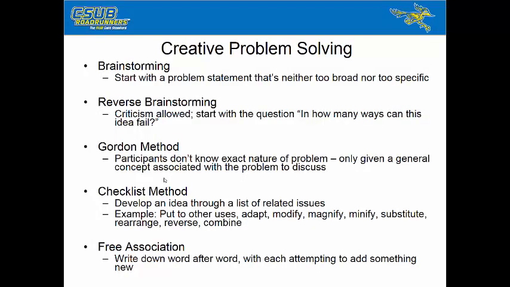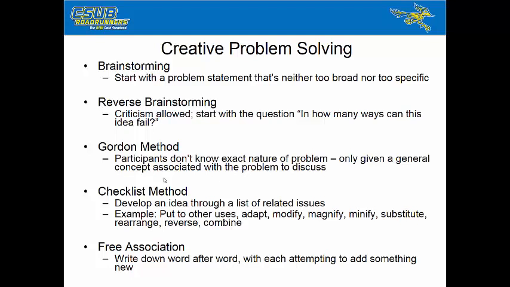Creative problem solving. So, talking more about specific types of problem solving or creative activities. For brainstorming, you want to start with a problem statement that's not too broad and not too specific. That tends to generate the best brainstorming results.